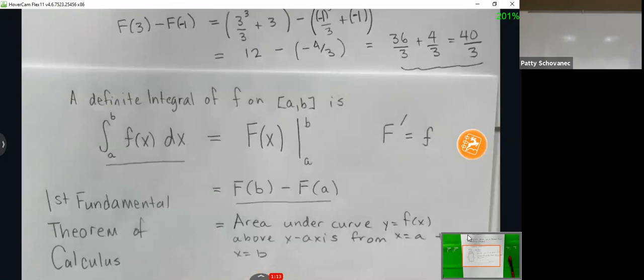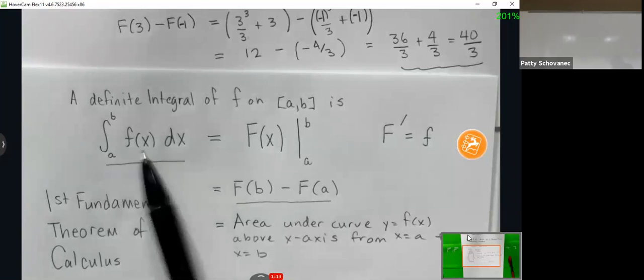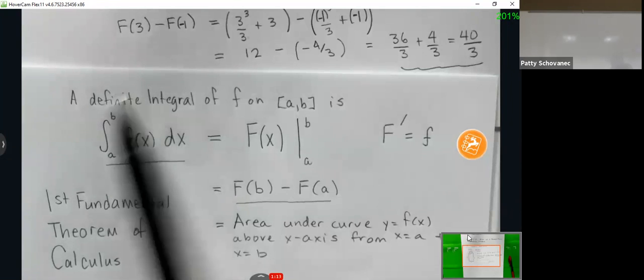If f is a positive curve, the number that you get can be interpreted as area under the curve. If f is an arbitrary function, it's just the sum of all of the values of the antiderivative over that interval. So it doesn't strictly represent area, but it can represent a sum of all of these values from a to b.